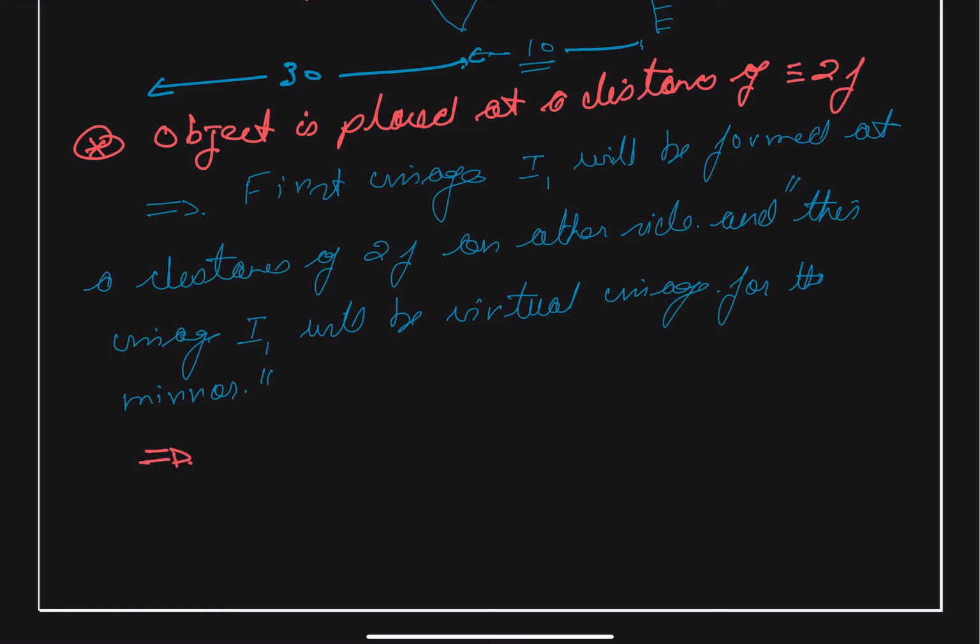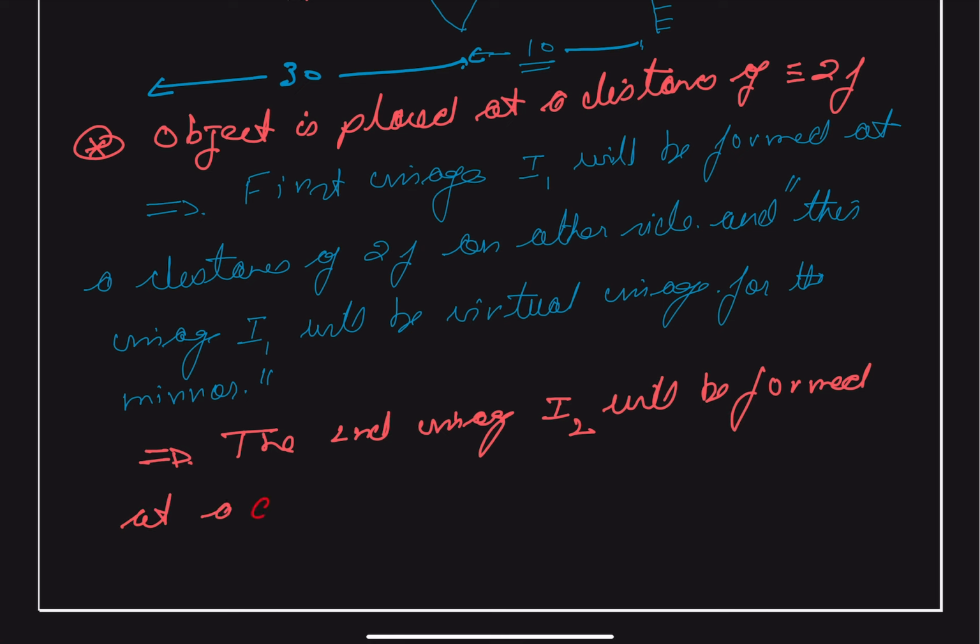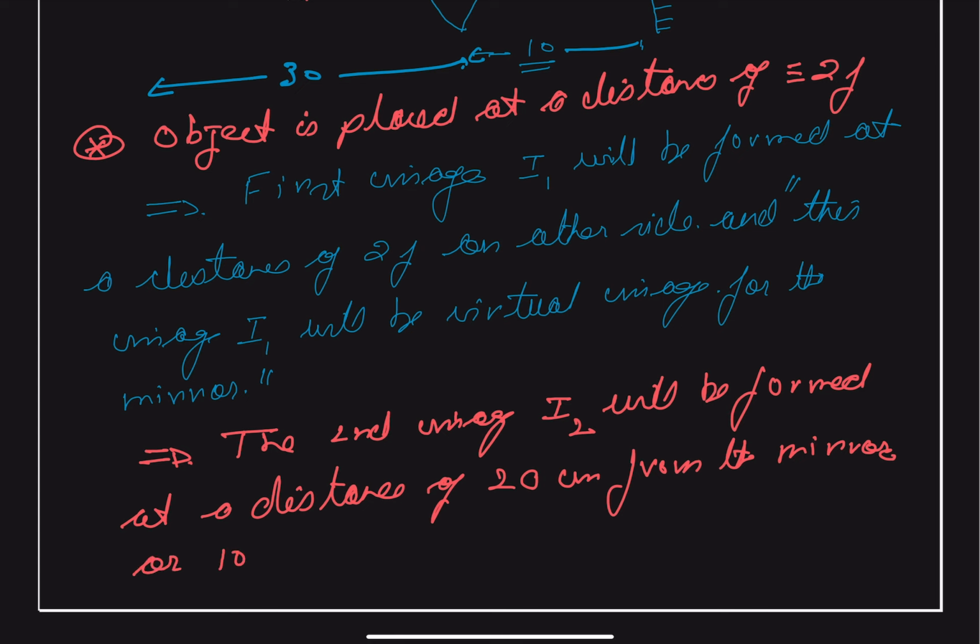We can say that the second image, which is our I2, will be formed at a distance of 20 centimeter from the mirror, or we can say 10 centimeter from the lens.